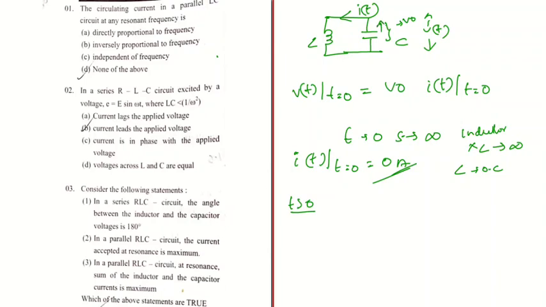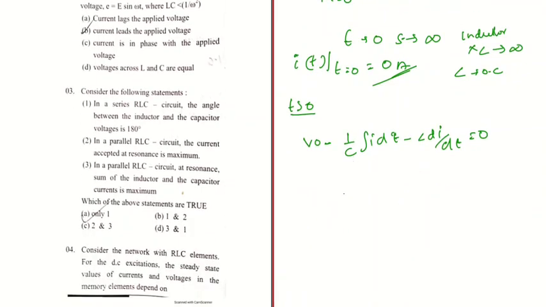I am going to travel from here, so it will be V0 minus the voltage across the capacitor, which is 1 by C integral I dt, minus L into di by dt. We know that the voltage across an inductor is L into di by dt. So we get V0 equal to 1 by C integral I dt plus L into di by dt.